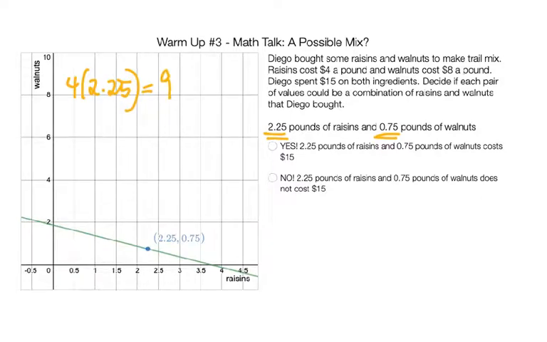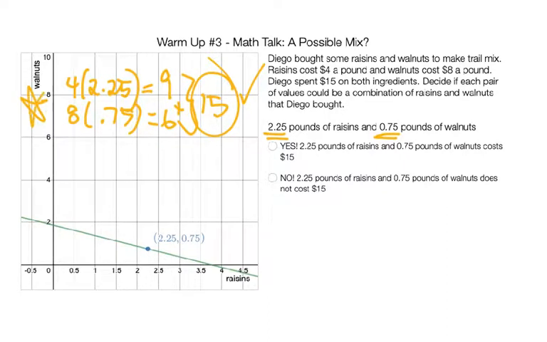Then $8 a pound, and he only bought 0.75, so 8 times 0.75 is $6 that he spent. If I add these two together, wow, that's 15. Well, that's perfect. However, that's one way to solve it.